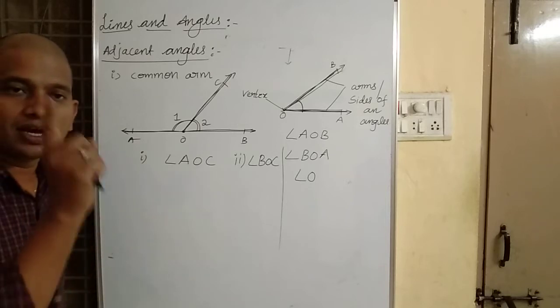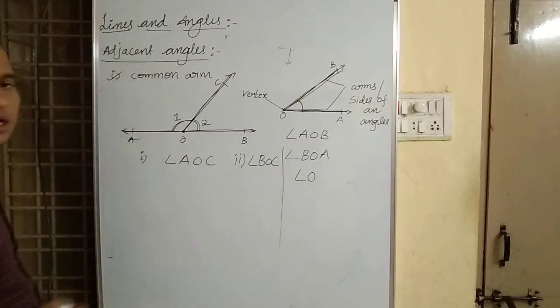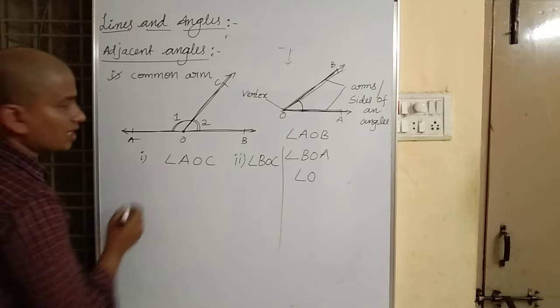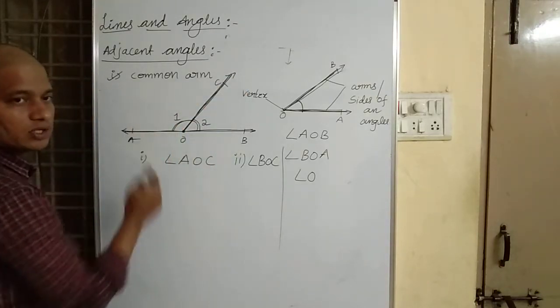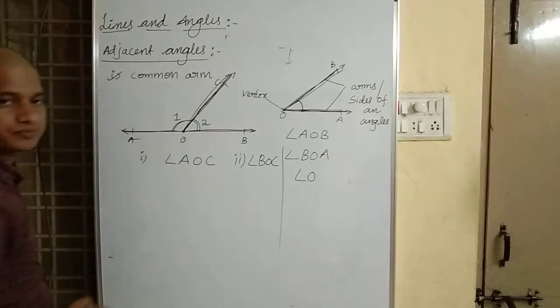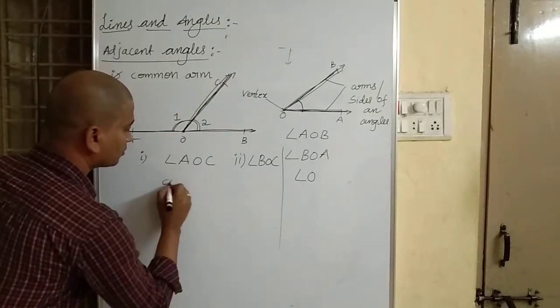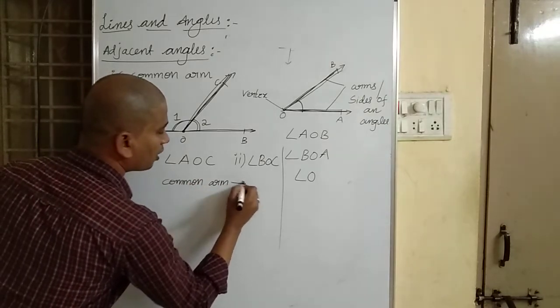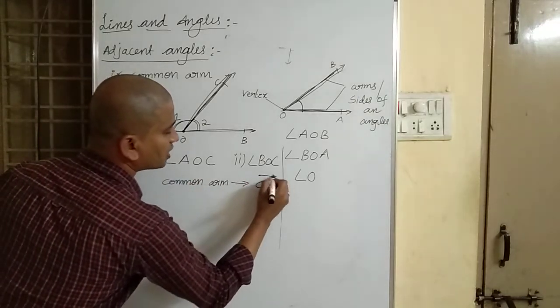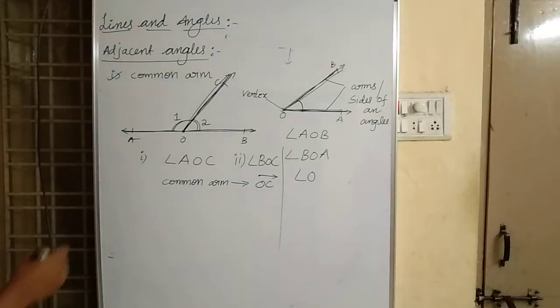They should have a common arm. First point, common arm. For both the angles AOC as well as BOC, OC is the common arm. What is the common arm? OC is the common arm.